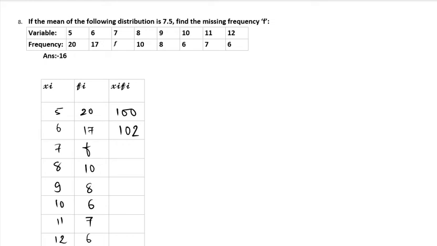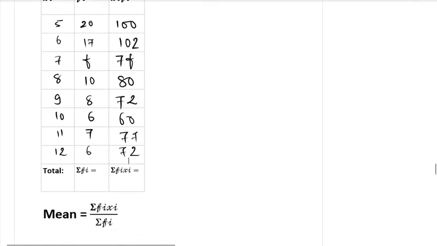I'm doing it because I don't want to make any mistakes, and also I have limited time on the video. I can't go on calculating things and make it more boring for you. Next thing, 7 into f, 7f. 8 into 10, 80. 9 8s are 72. 60, 77, 72. Great. So we have got all the values.